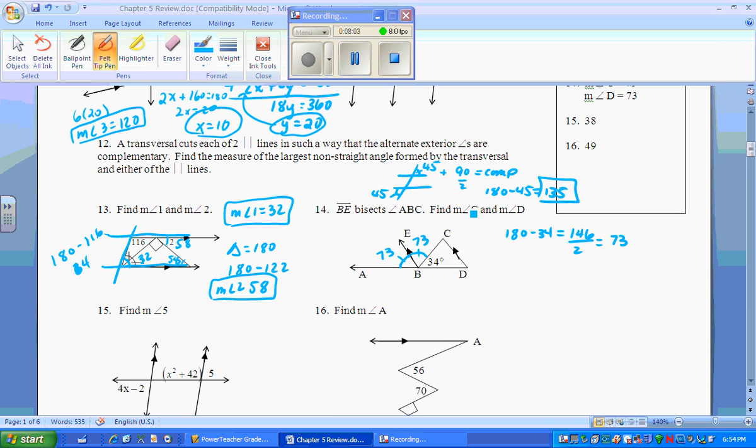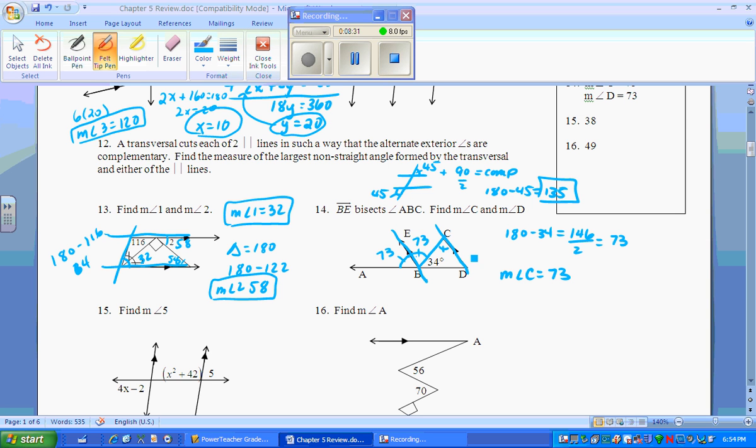They ask you to find the measure of angle C and D. Well, if this line is parallel to this line, here's the transversal. This one is congruent here. So the measure of angle C is equal to 73. And then if we know that, we can look at this being the transversal instead of this line.